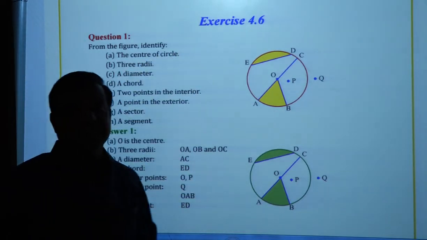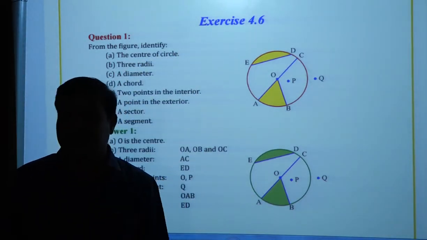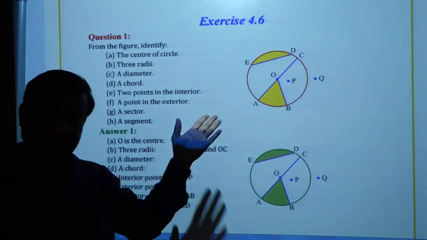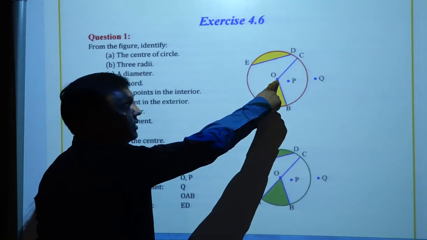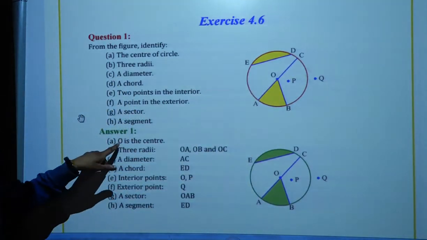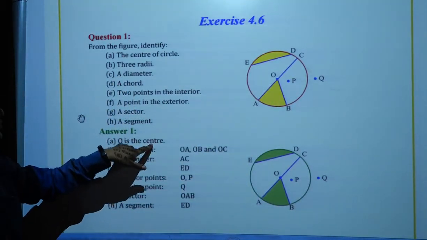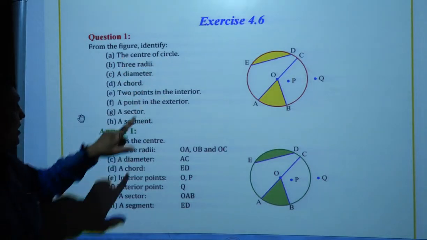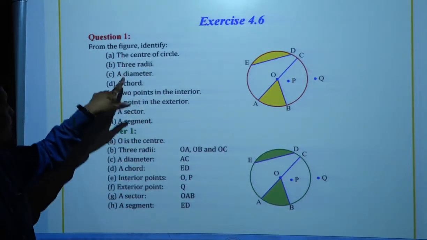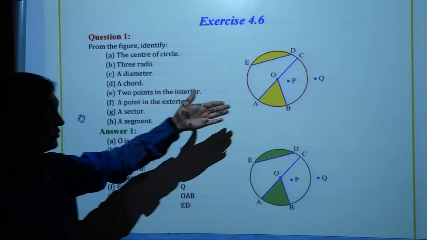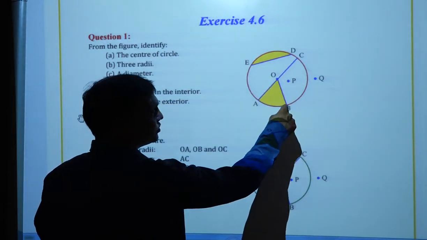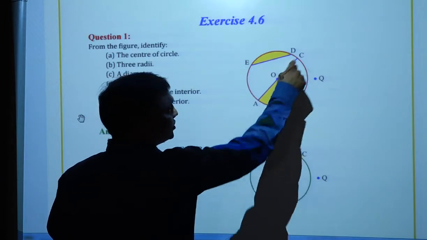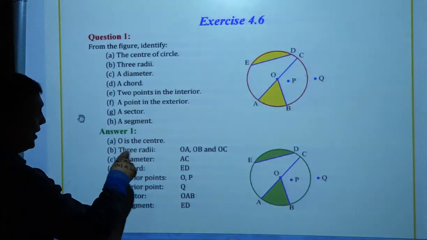The center of a circle, as I showed when we did the explanation in the previous class, when we learned this chapter. So point O is the center. Three radii are here. Which ones?